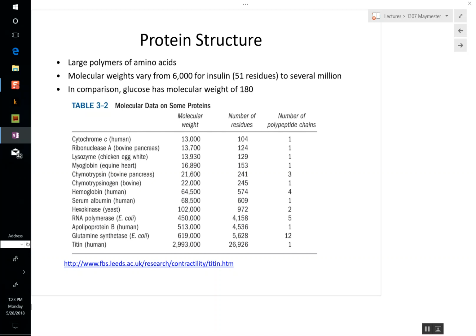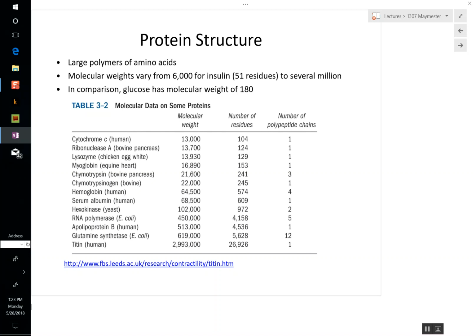This amino acid, 26,926 residues in a specific order. Okay? Imagine yourself, you're in Washington, D.C., you are second in the nation in a national spelling bee contest. There's 2 people left, you and someone else.